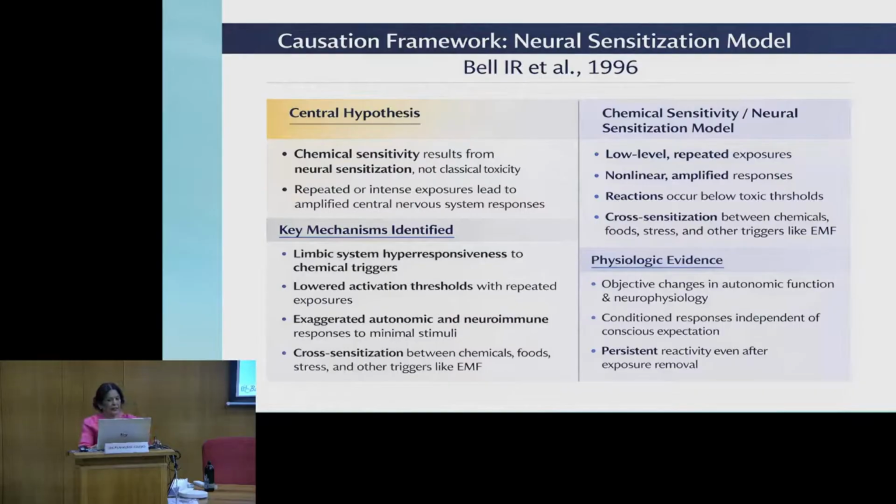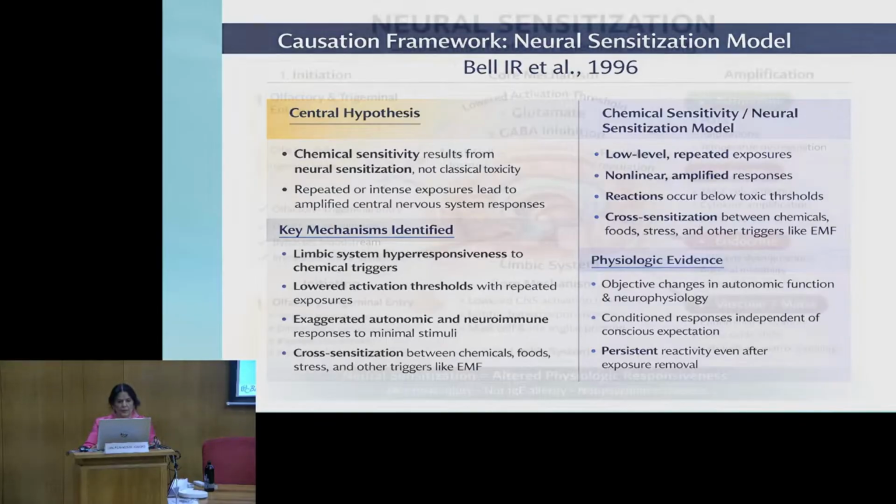In these, limbic system hyperresponsiveness to chemical triggers is very important, along with lower activation threshold, exaggerated autonomic and neuroimmune response, and cross-sensitization between chemicals, foods, stress and other triggers. In our experience, we have seen 85% of chemical sensitive patients are sensitive to food, and 85% of food sensitive patients are sensitive to chemicals. So there is a real synergy there.